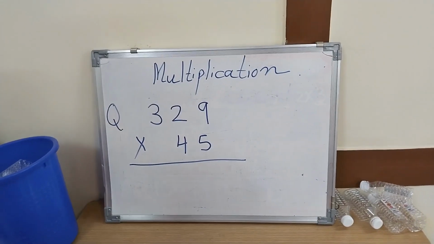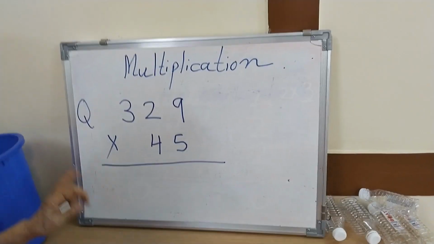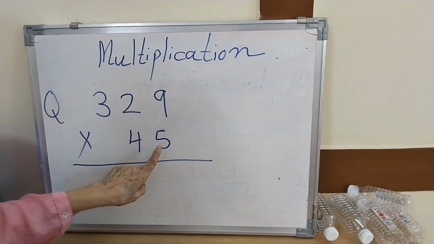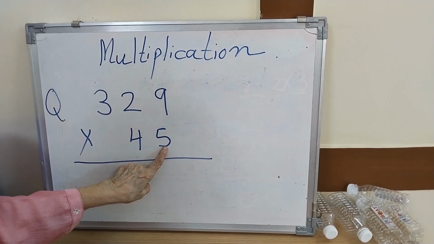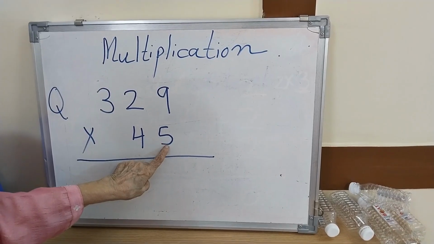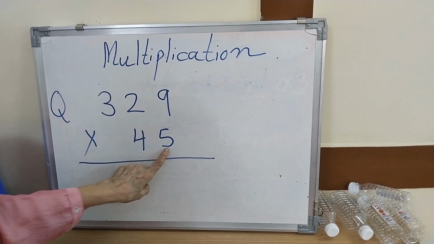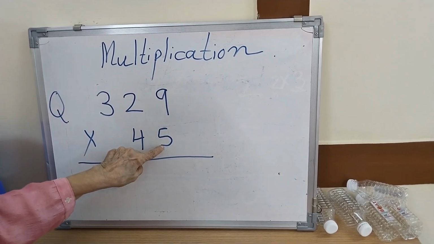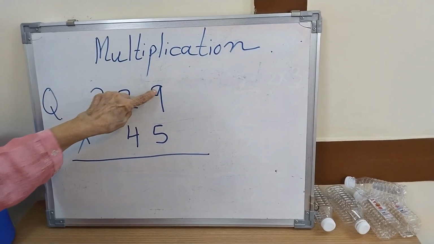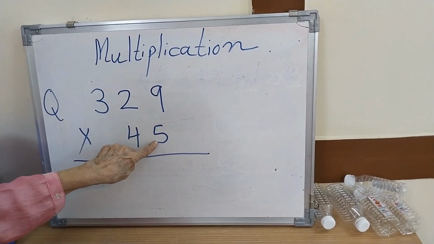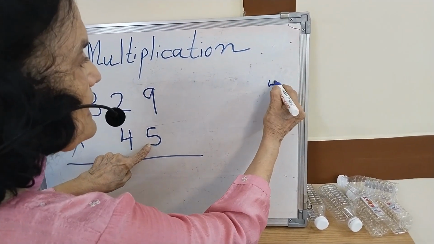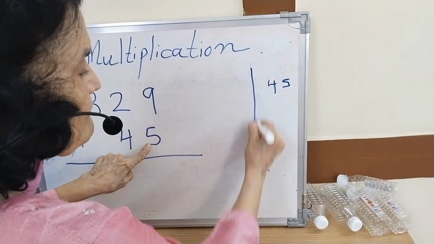Here, first of all, we will have to know that this is in units place. So units place number we are going to utilize first. We will multiply this with this. 9 5s are 45. 45 number is written like this. This is our rough work.